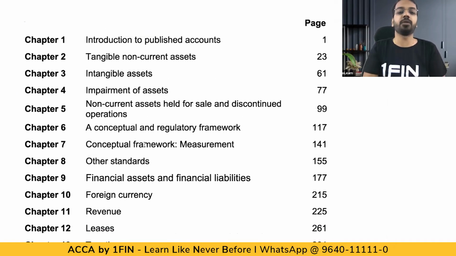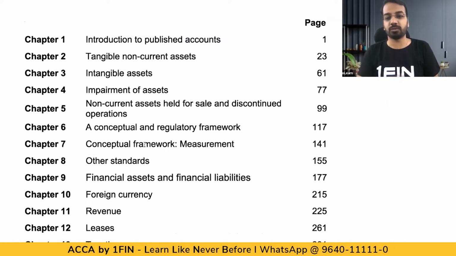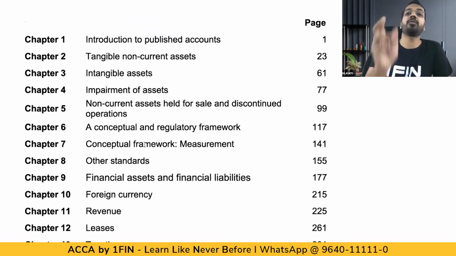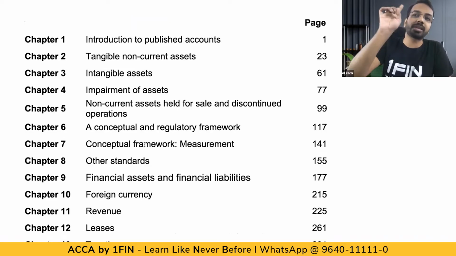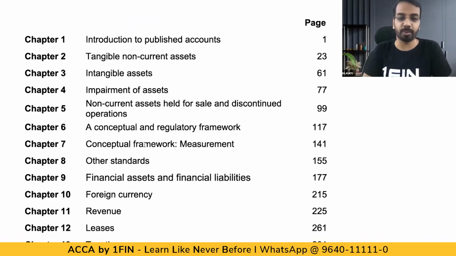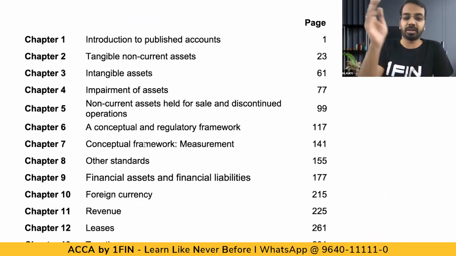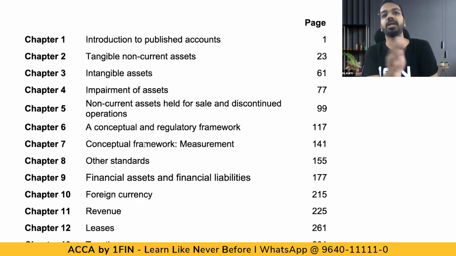So tomorrow, if you look at a balance sheet or published accounts, that is what we will be starting with. Whenever you look at it, let us say there is an item of property, plant and equipment, something should strike your mind, saying, okay, there is a standard on property, plant and equipment. That standard is covered by IAS 16.